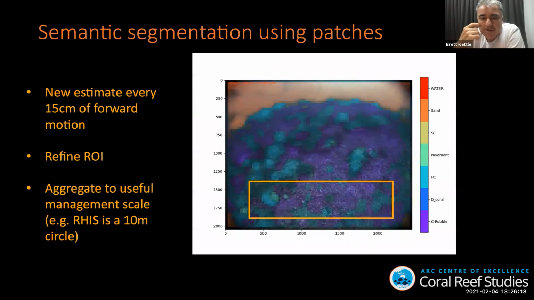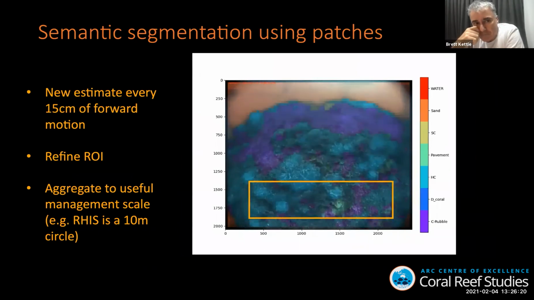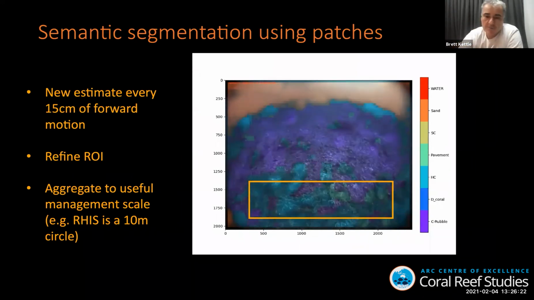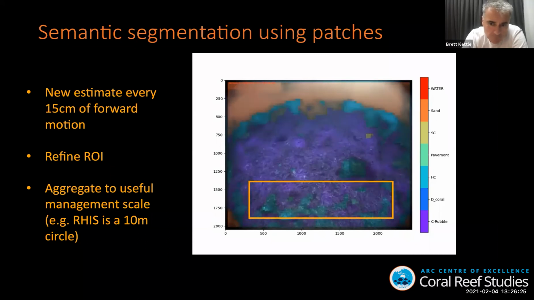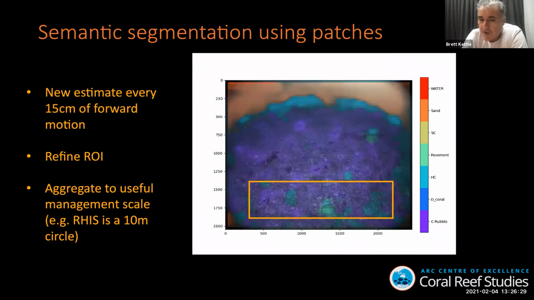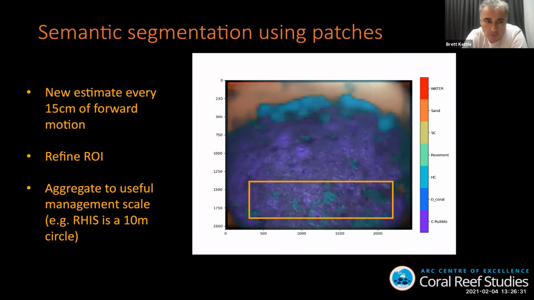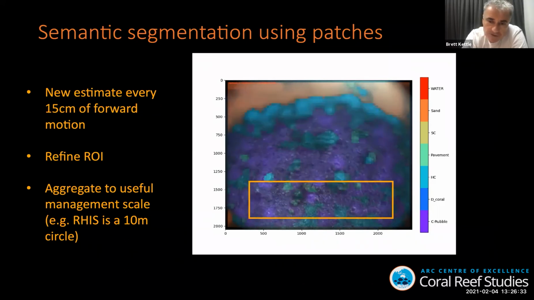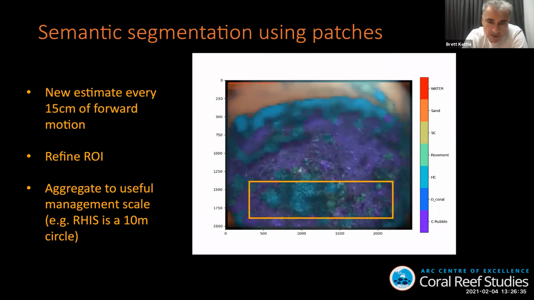So this is a short video from the back of Lamont Reef. Every 15 centimeters of forward motion, there's a new frame, and the frame is analyzed in its entirety for 5 or 6 classes of habitat there.